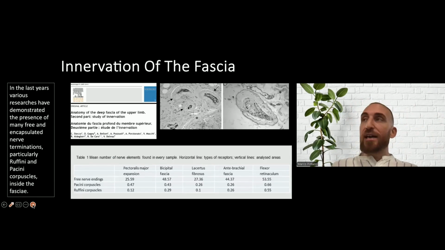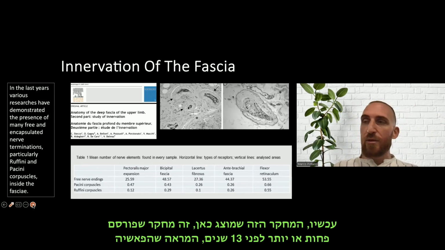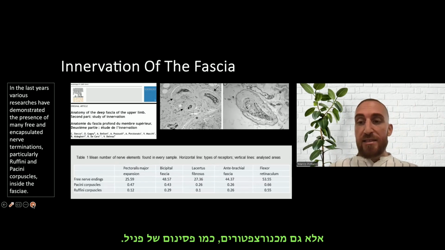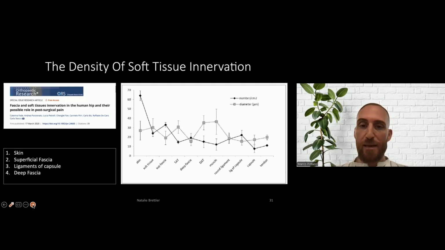Now, the innervation of the fascia. As we said, the fascia is a very innervated structure. This study shown here was published around 13 years ago, showing that the fascia is richly innervated by free nerve endings, but also mechanoreceptors such as Pacini and Ruffini. And each type of fascia, each area of fascia, has a different concentration and different type of receptor.